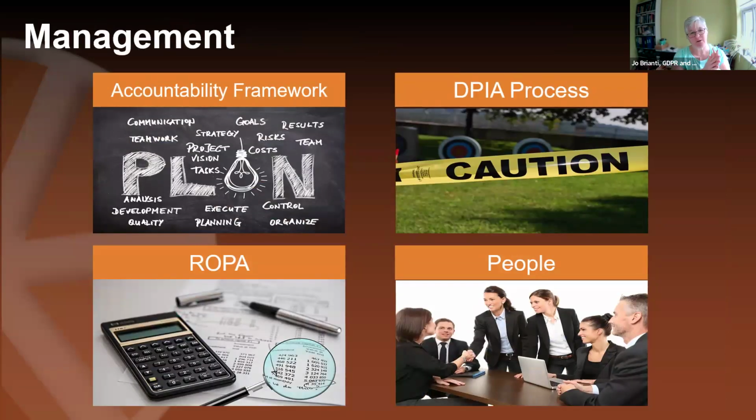So let's talk about the management. GDPR introduced something called an accountability framework. And the accountability framework is around how you, as the business owner or the data controller, actively manage the data in your business. Where does AI fit into that in your business?